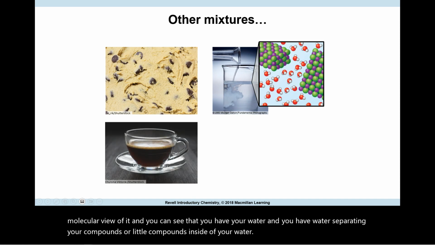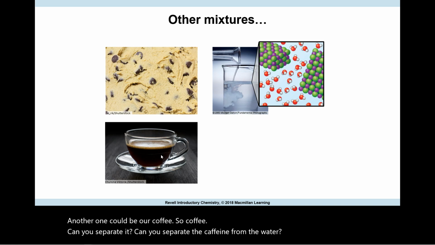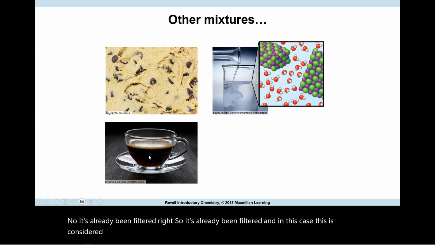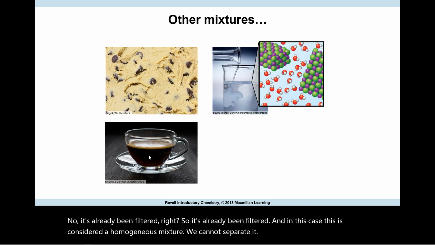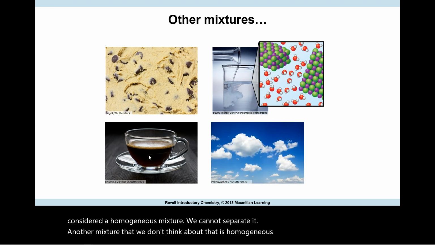Another one could be our coffee. Okay, so coffee, can we separate it? Can you separate the caffeine from the water? No, it's already been filtered, right? So it's already been filtered, and in this case, this is considered a homogeneous mixture. We cannot separate it. Another mixture that we don't think about that is homogeneous is the air that we breathe, all right?